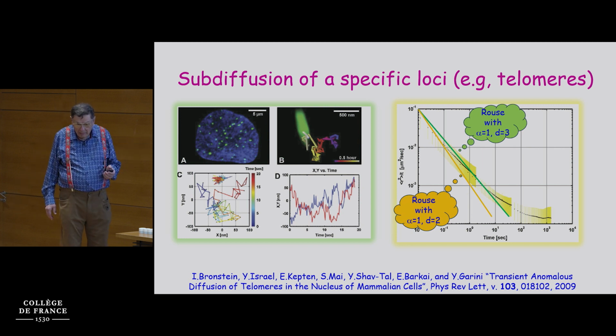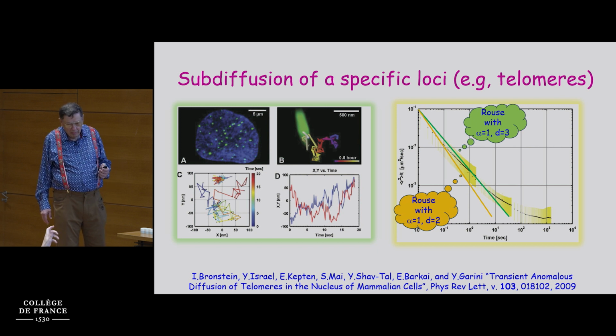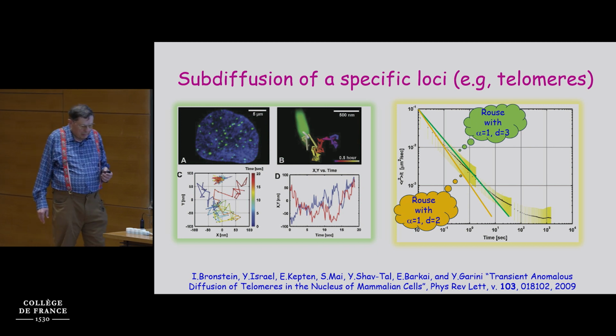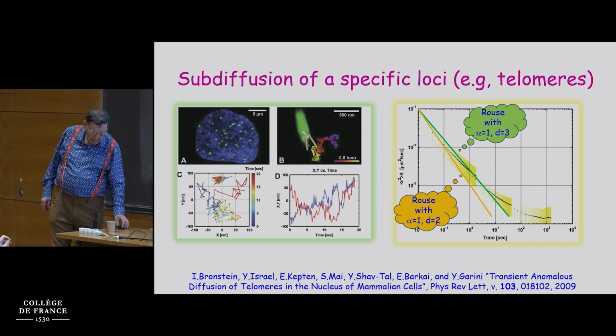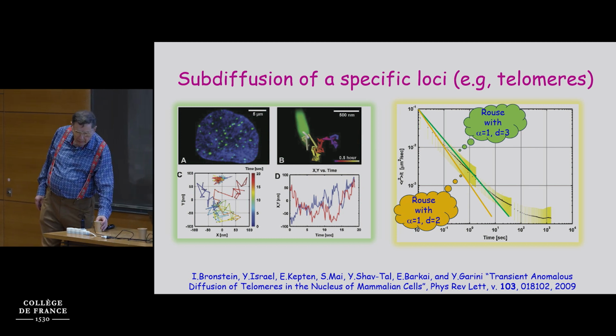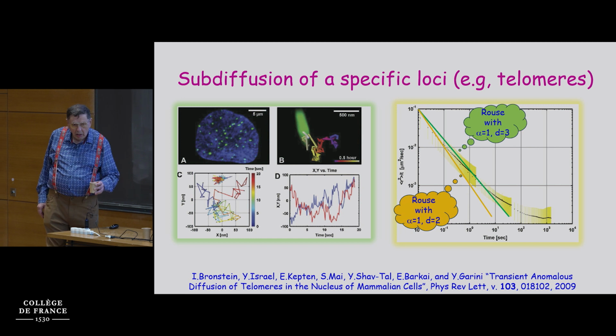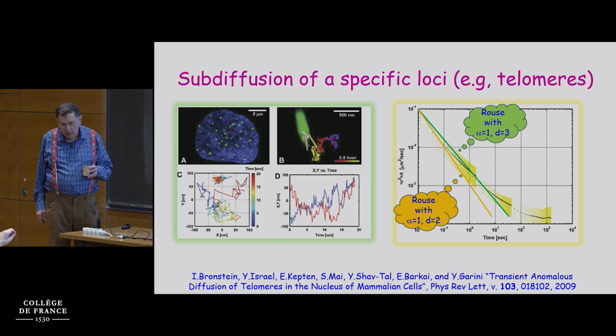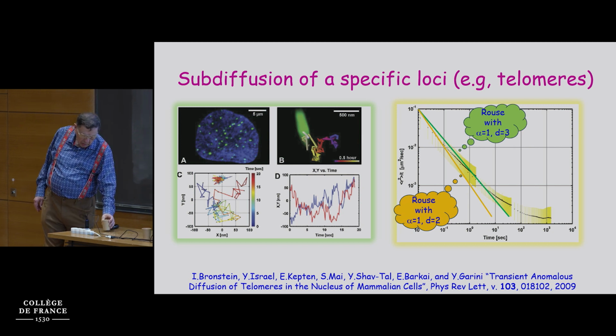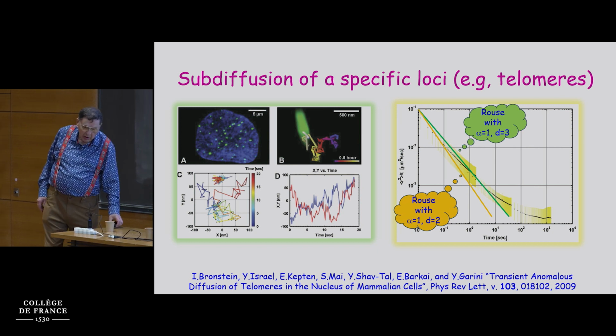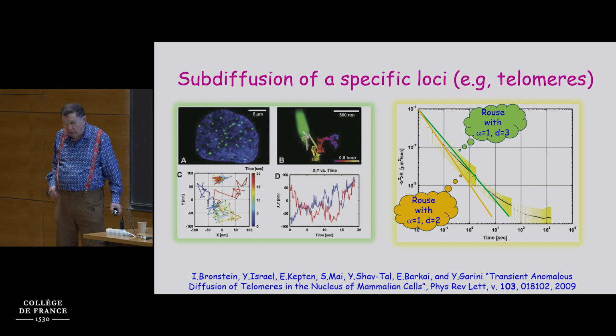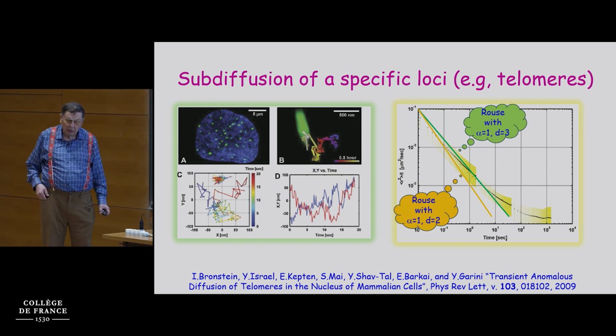So you mentioned these confinement effects that you could have in the nucleus. They are not taken into account here, because if you reach the maximum size, you still involve more and more monomers. So essentially the information propagates along the chain and not in space. I'm not even sure that very far away polymers will know about it. It's an interesting question, but I'm not sure information will propagate along the chain either.